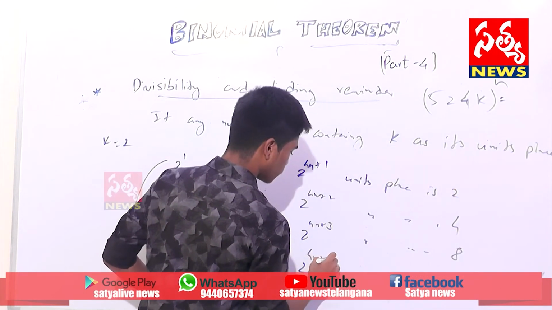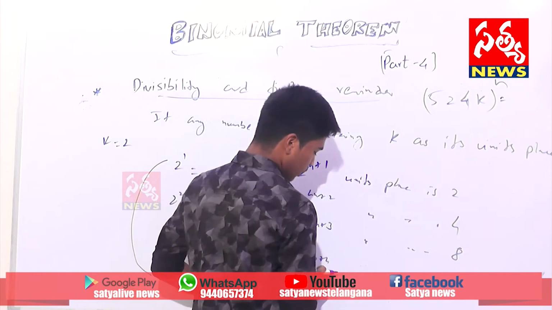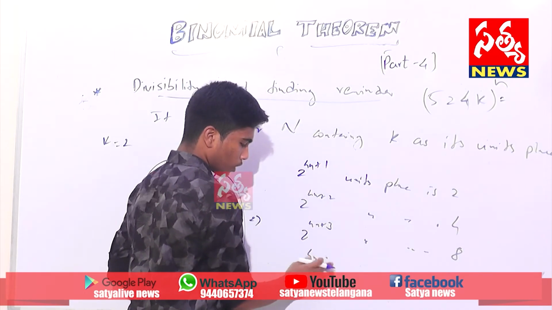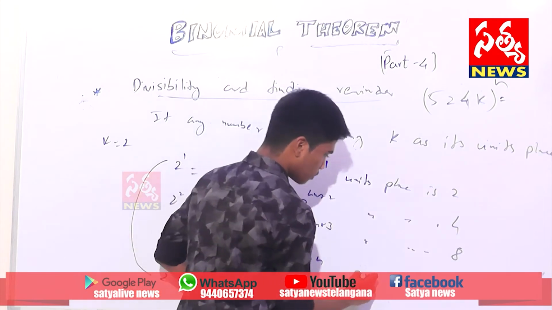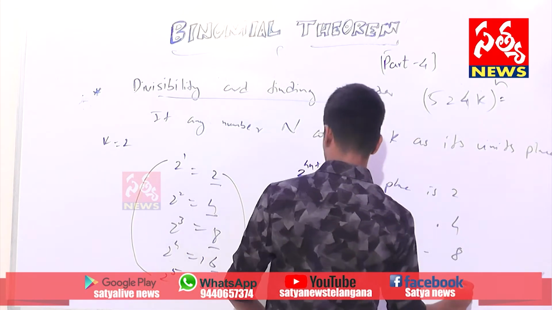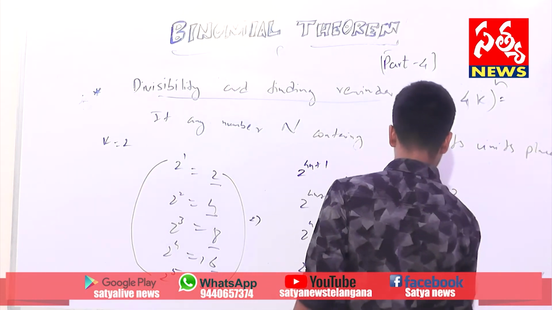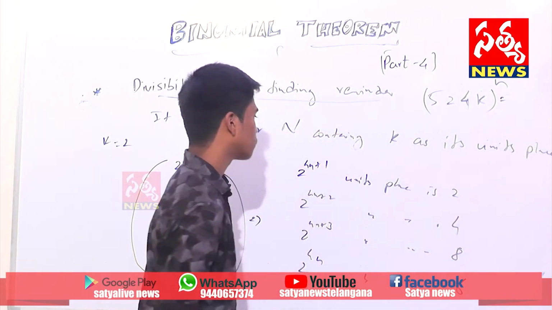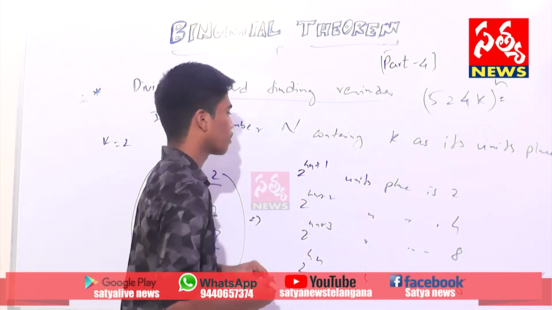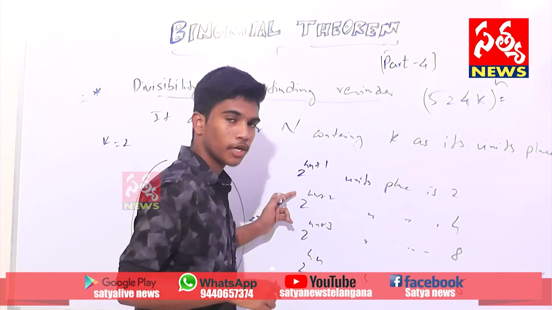And 2 power 4n plus 4, which is nothing but 2 power 4n, we can write it as 2 power 4n, okay? The units place is 6.